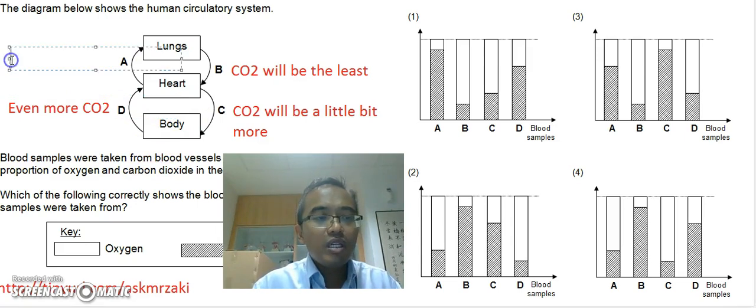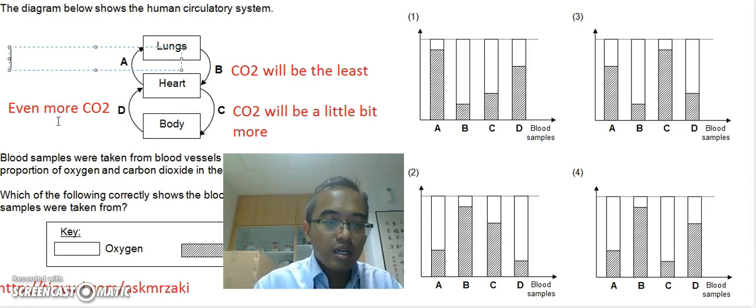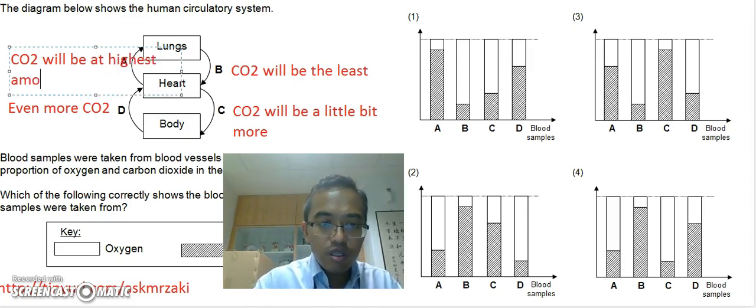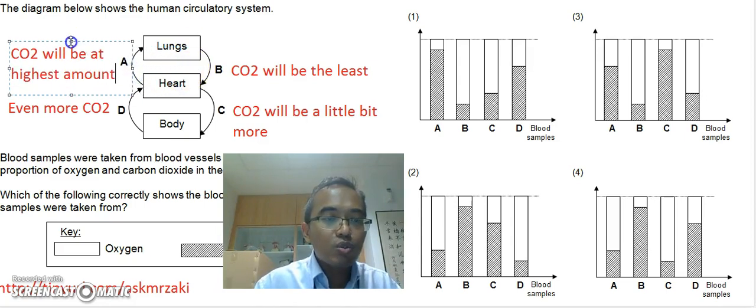And then eventually in A, this is where the CO2 will be the most, right? Why? Because it's at the maximum, the highest level, the highest amount, because this is where it's going to the lungs, and this is where it wants to remove all the CO2.